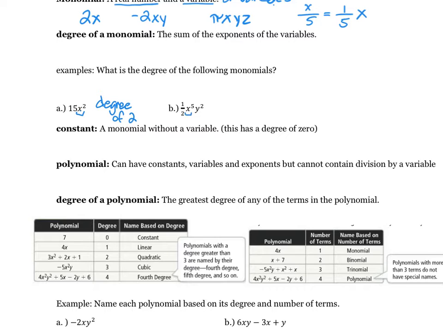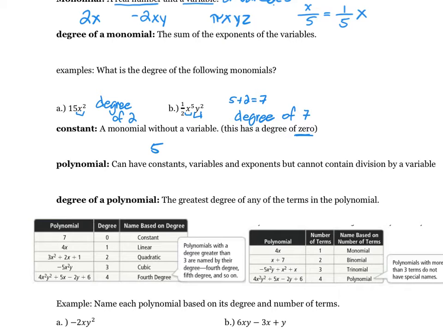Here we have two variables, so we need the sum of the exponents. So 5 plus 2 gives us 7. So this monomial has a degree of 7. Constant is a monomial without the variable, and it has a degree of 0. So 5 would be a constant, any real number. That'll make more sense here in just a moment.